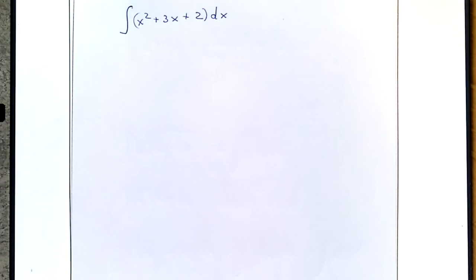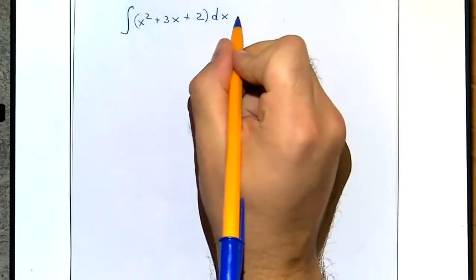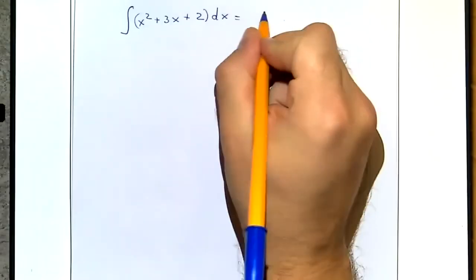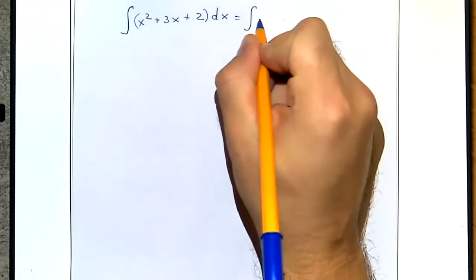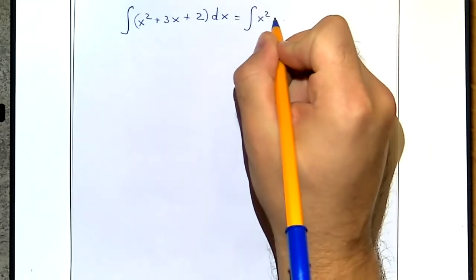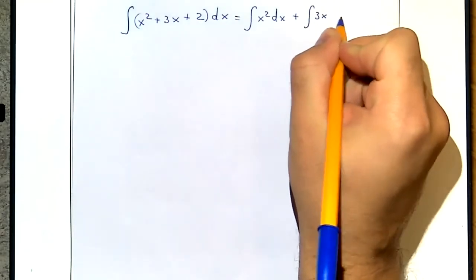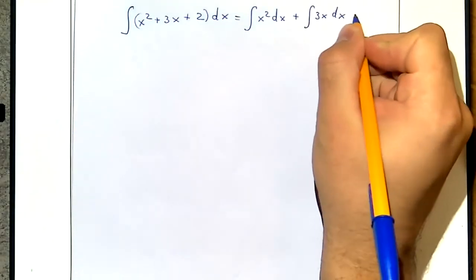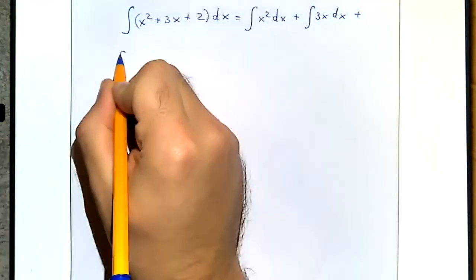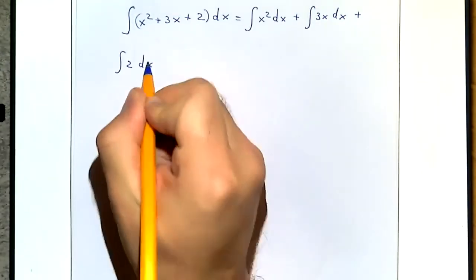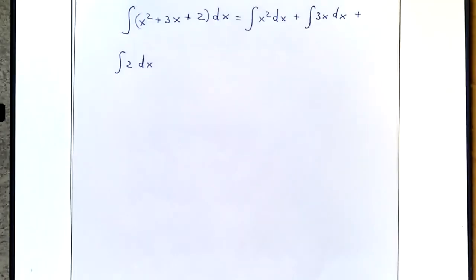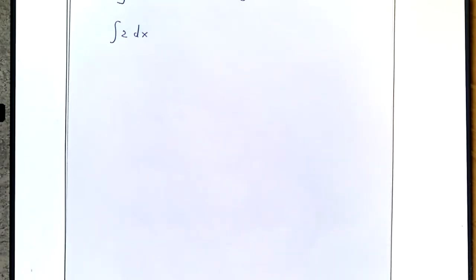Now, it makes it easier in the start to just split it across the simplest things you have. So this is just equal to integral x squared dx, plus integral 3x dx, plus integral of 2 dx. Okay, and now we just solve them one by one.